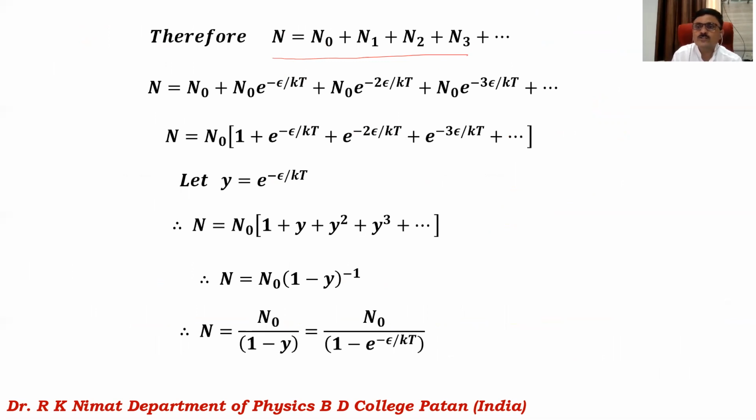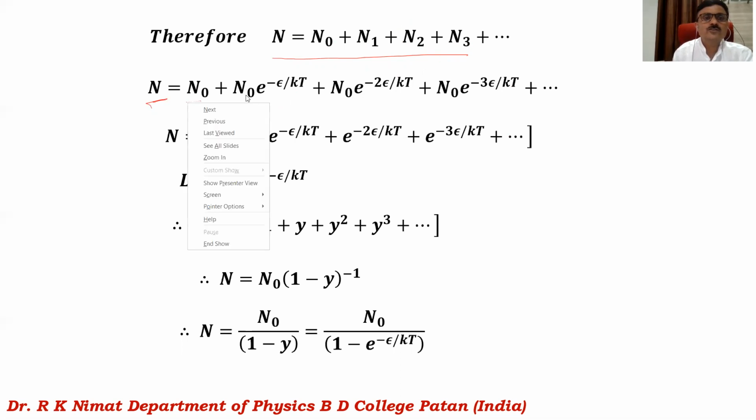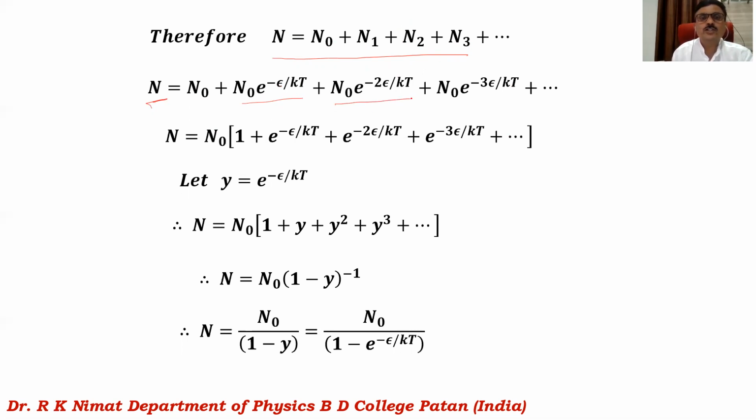So n0 oscillators have energy 0, n1 oscillators have energy epsilon, n2 oscillators have energy 2 epsilon, n3 oscillators have energy 3 epsilon, and so on. If you use the values of n1, n2, n3 in this equation, you will get the total number of oscillators as n0 plus the value of n1 as n0 e raised to minus epsilon divided by kT, the value of n2 as n0 e raised to minus 2 epsilon divided by kT, and so on.